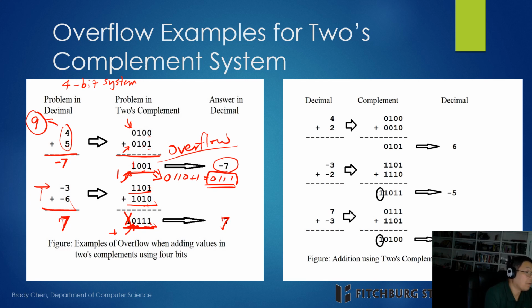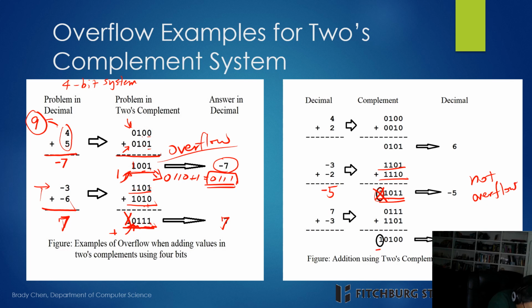For example, in this case, you add -3 and -2, so the answer should be -5, right? When you add these two two's complement notations, you got 1, 1, 0, 1, 1. So you got an additional bit on the left. Because it's a 4-bit system, you have to truncate the 5th one on the left. So that's not overflow. You have to realize this.